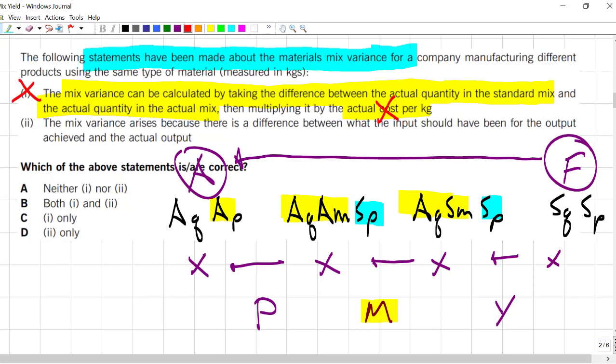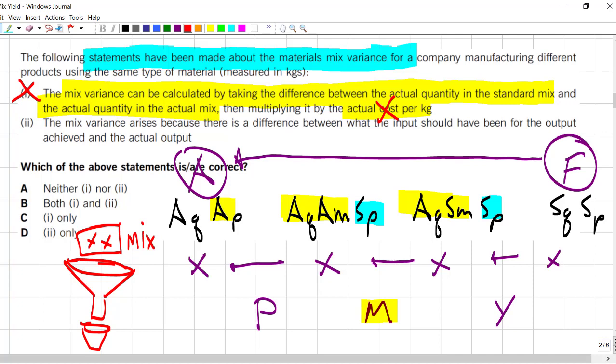1 is wrong. Now, the mix variance is about the ratio of the inputs. Did we follow the recipe card, did we follow the percentage of inputs? That's the mix. The yield variance is then about the total input to the output.